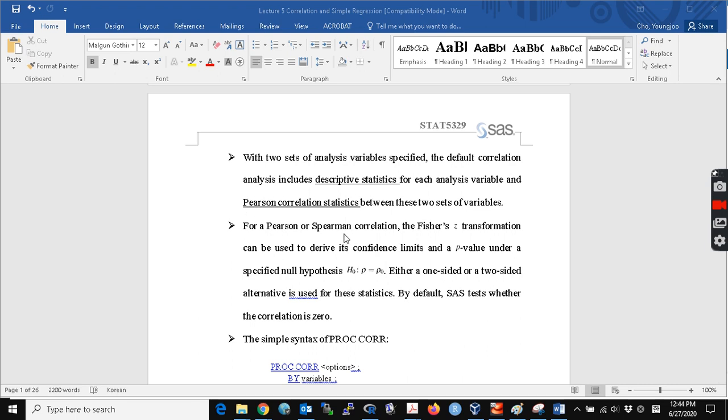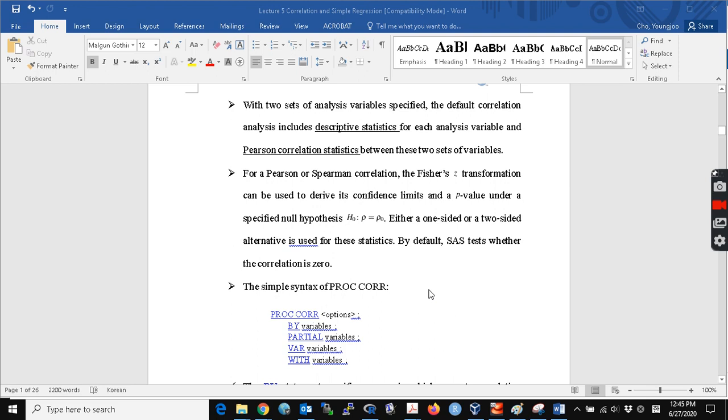And then for Pearson or Spearman correlation, we discussed it in the homework, a Fisher's Z transformation can be used to compute the confidence intervals. And the p-value is under the null hypothesis that rho equals rho 0, where rho 0 is the specified value of the correlation. So it gives either a two-sided or one-sided alternative.